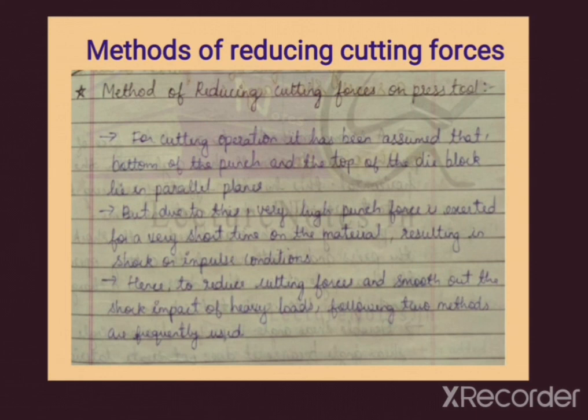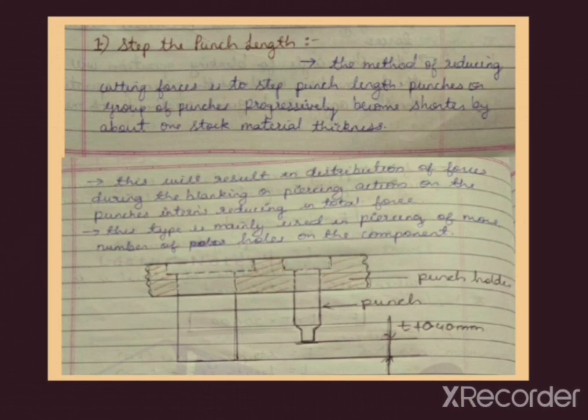Hence, to reduce cutting forces and to smooth out the shock impact of heavy loads, two methods are frequently used. First method is step the punch length, and the second one is grinding of punch or die to reduce shear angle.